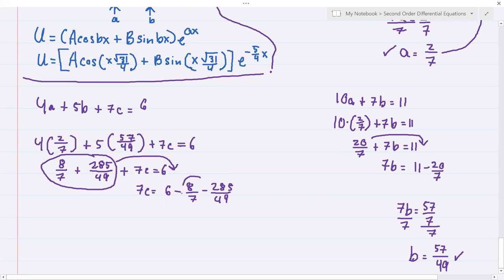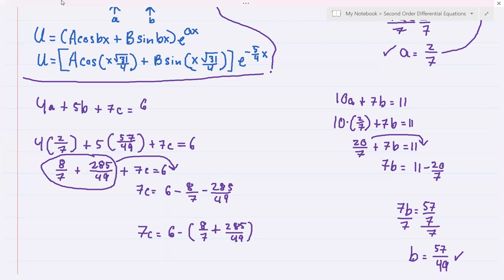Let's start first with this one since both of them are fractions already. But first we need to factor out -1 here to avoid confusion. So we will have 7c is equal to 6 minus 1 times 8 all over 7 plus 285 all over 49.